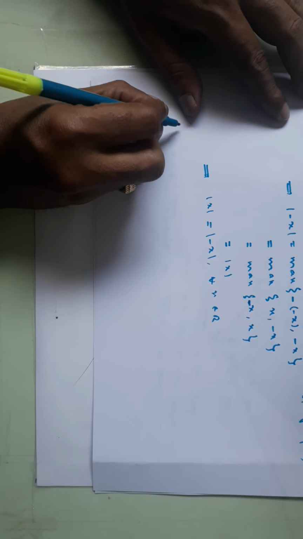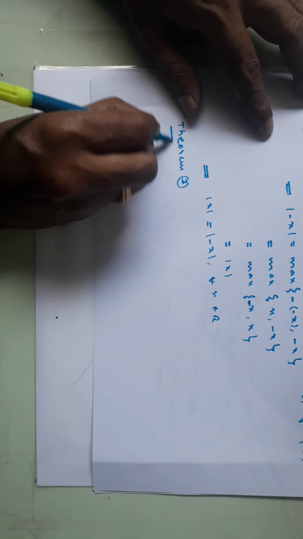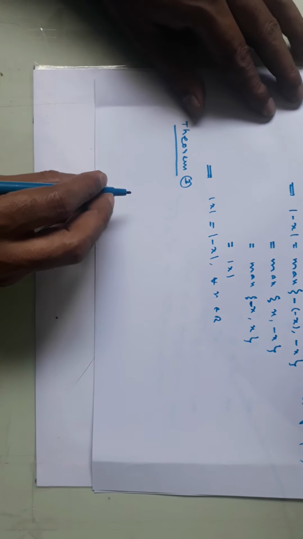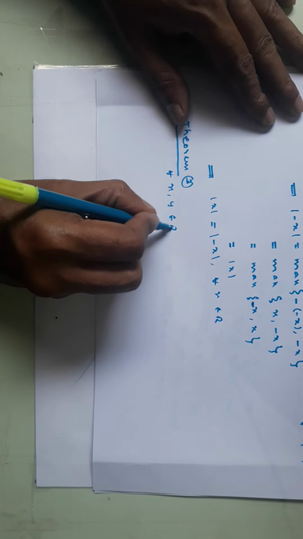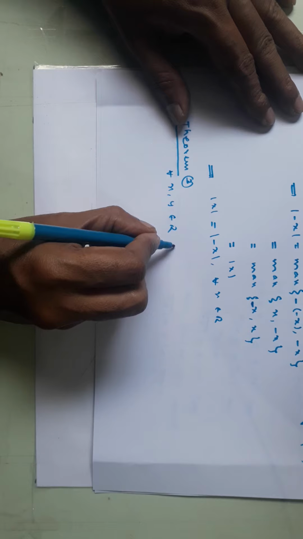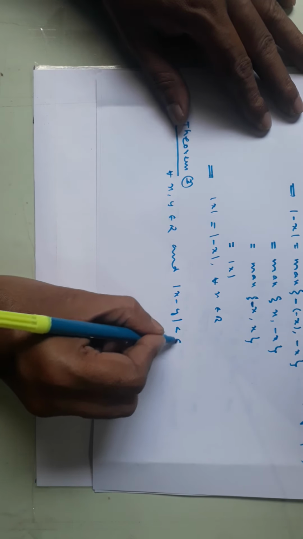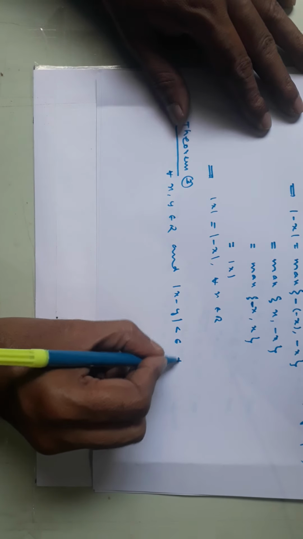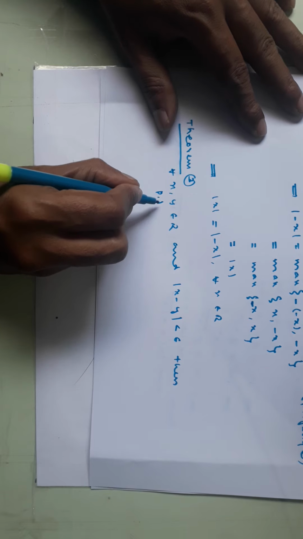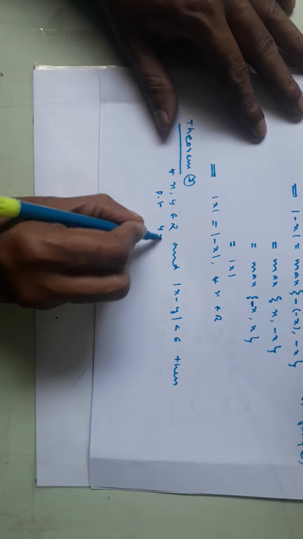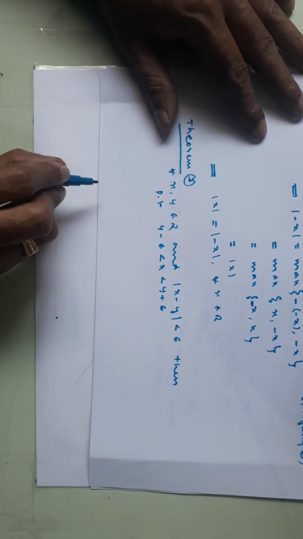Next, theorem 3. For all x comma y belongs to R and mod of x minus y is less than epsilon, then prove that y minus epsilon is less than x is less than y plus epsilon.